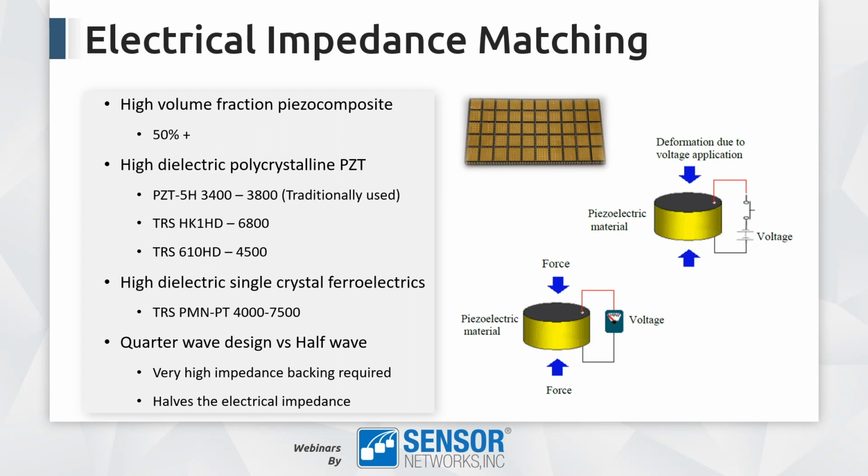The volume fraction refers to the relative volume of ceramic to polymer, so a 30% volume fraction composite has 30% ceramic. The ceramic is the component that drives the electrical impedance of the element, and so by using more and more ceramic, or high volume fraction, that can help the electrical impedance matching of the element.